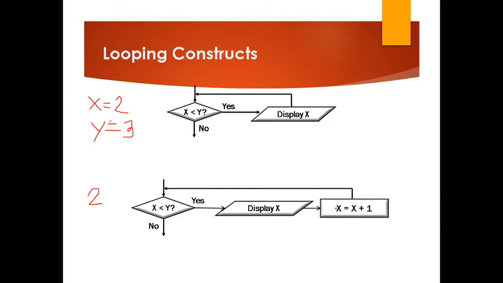So this means x equals 2 plus 1, and 2 plus 1 becomes 3. Then it goes back here. What is the value of x now? It is no longer 2, it is now 3. Is 3 less than 3? True or false? So it continues. So the last value displayed is 2, 3.